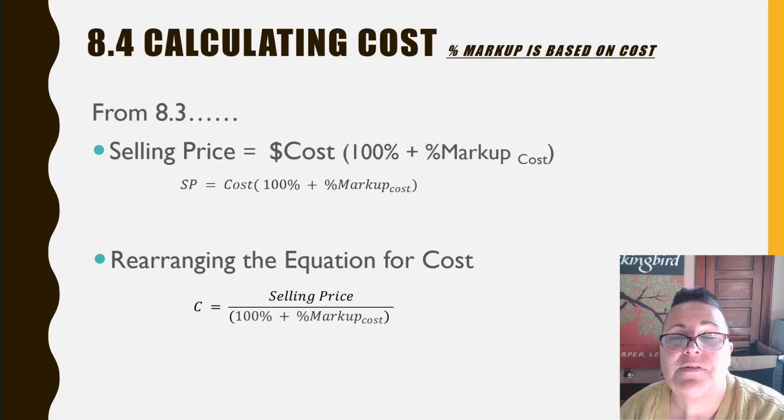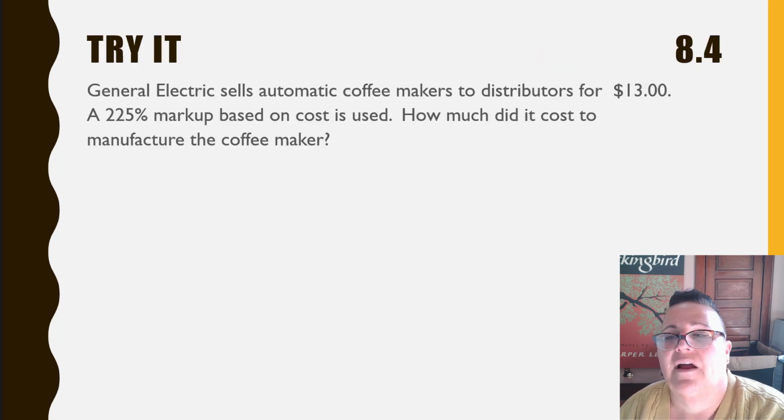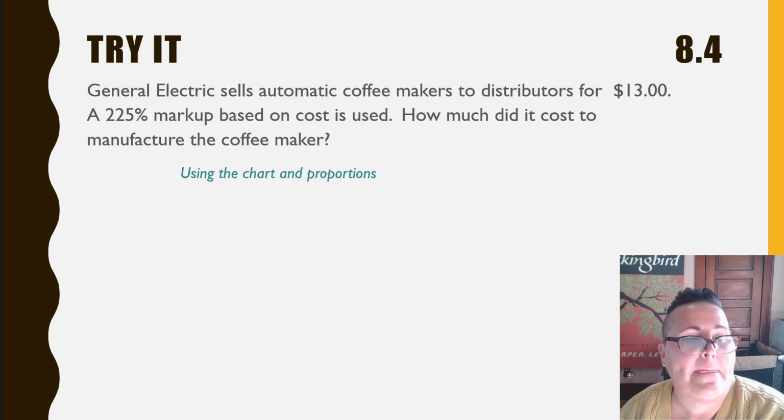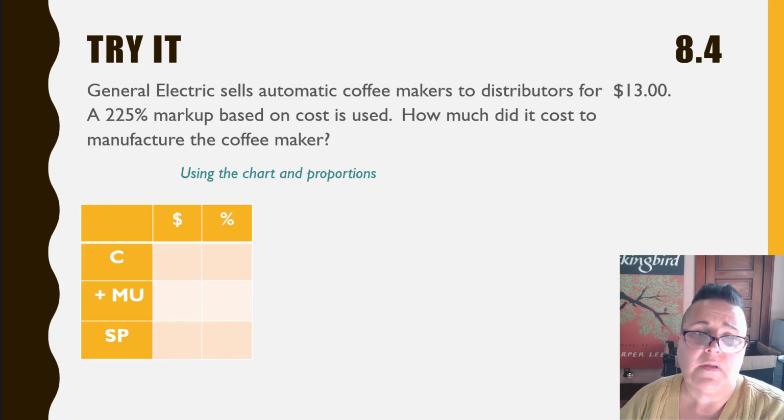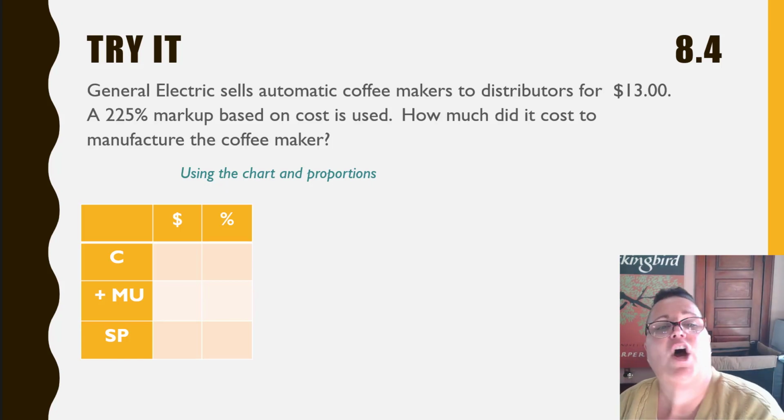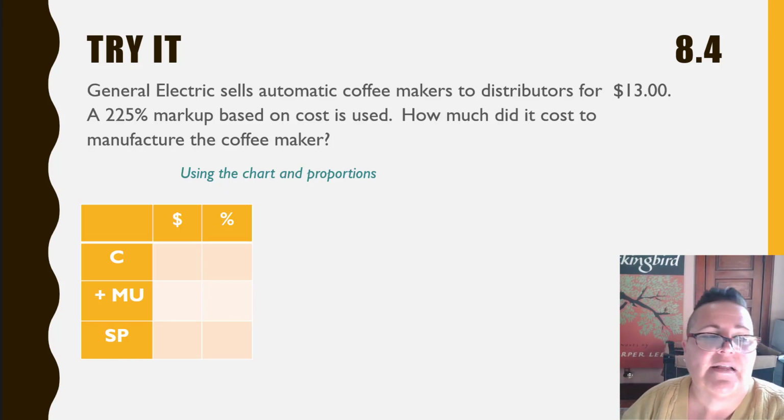So how do we use this formula? All right, General Electric sells automatic coffee makers to their distributors for $13. A 225% markup based on cost is used. How much did it cost to manufacture this coffee maker? So if we use the chart and the proportions, again, in our first column, we have cost plus markup is equal to selling price.